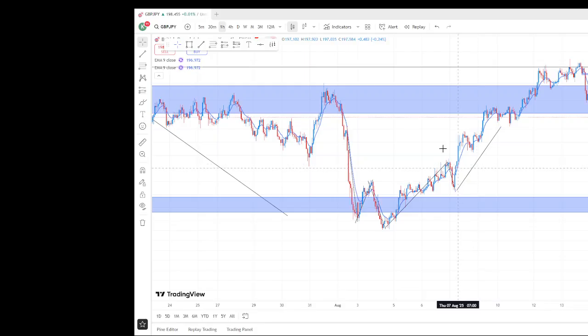So that would be a double bottom. A double top would just be the opposite of this double bottom right here.